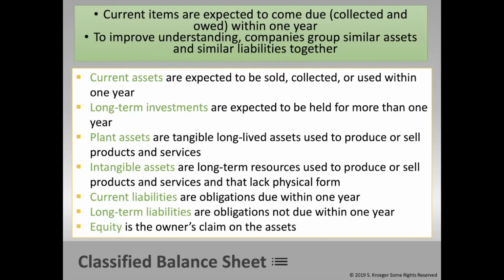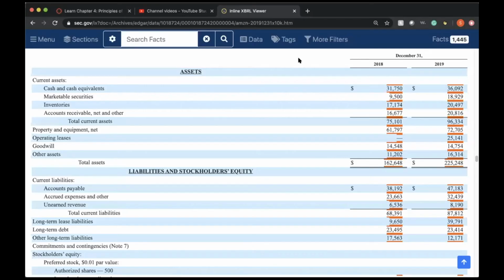Let me show you an example of a classified balance sheet. This is the balance sheet for Amazon, since we're all familiar with that company. I just want to show you that they have assets and then some subcategories such as current assets, and then they list all their current assets. Then they have property and equipment net, which is the plant assets category.